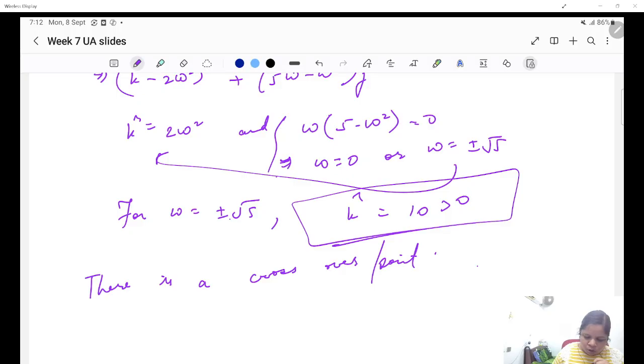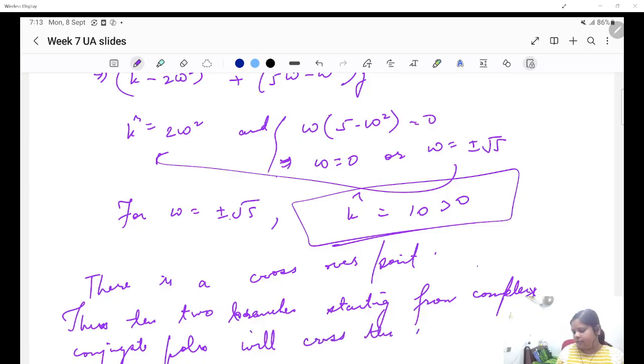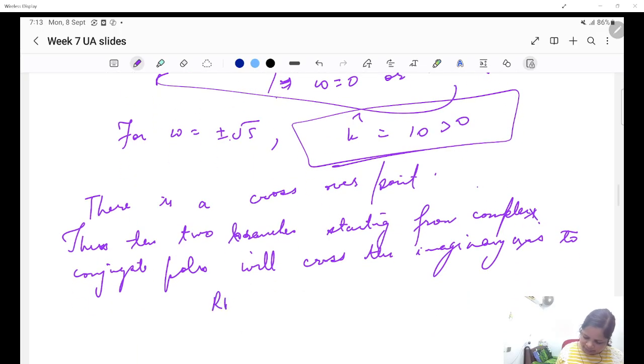Okay, so thus the two branches starting from complex conjugate poles will cross the imaginary axis to RHP, the right half of the S-plane, as k hat tends to infinity.